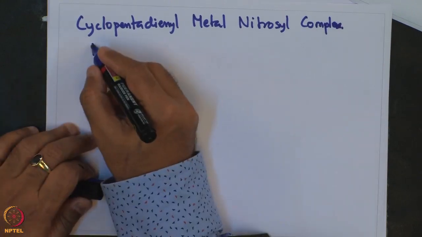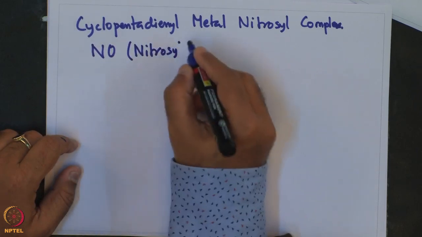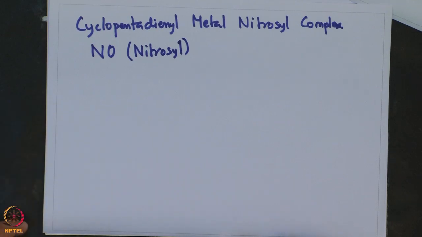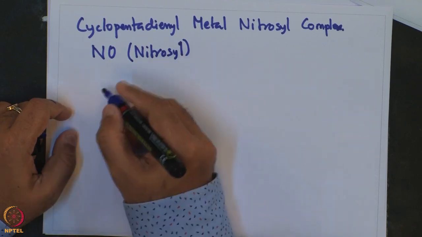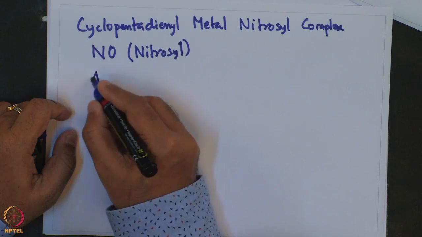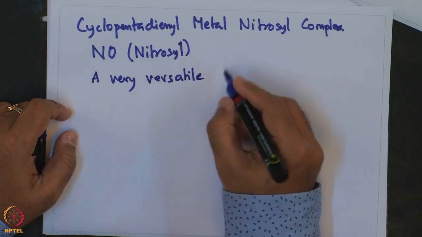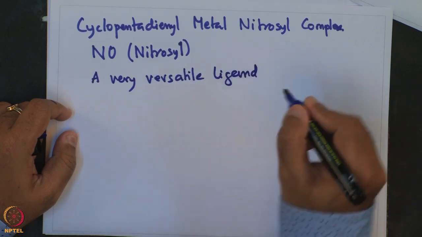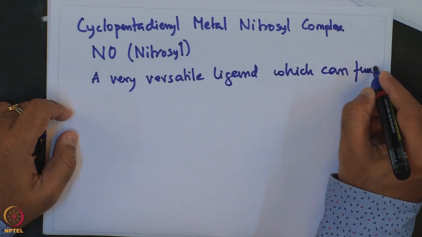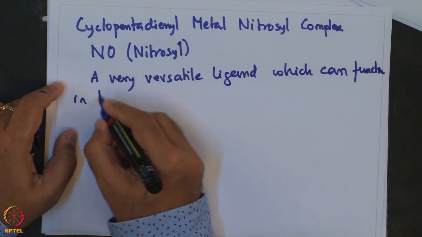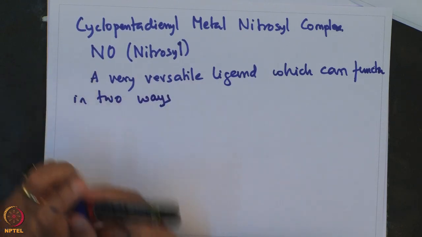Now, nitrosyls are usually called NO ligands, and the nitrosyl is a very versatile ligand because it can function in 2 ways. What are the 2 ways?